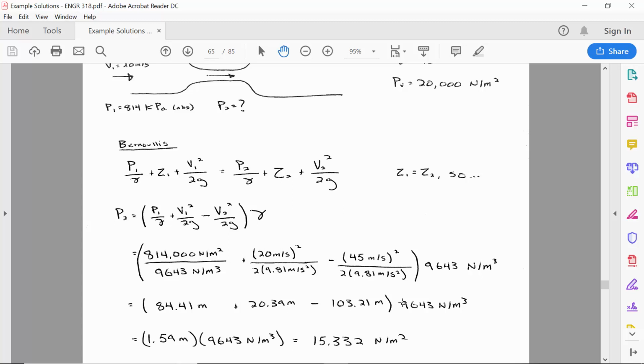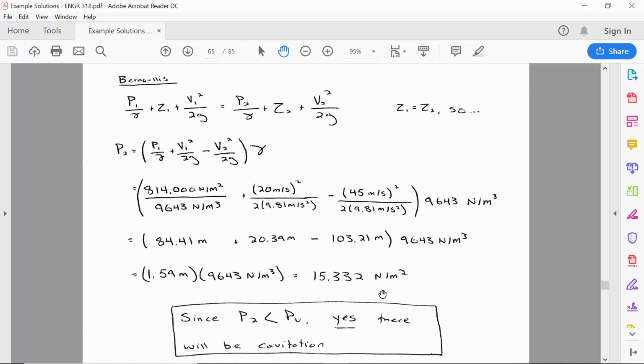So 15,332 is less than the vapor pressure of water of 20,000 pascals, and so therefore, yes, there will be cavitation.